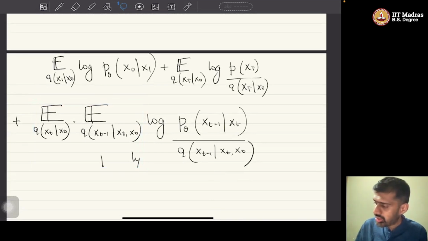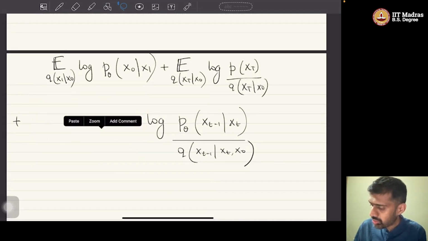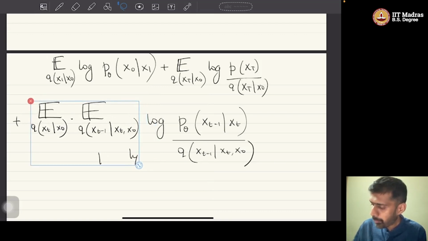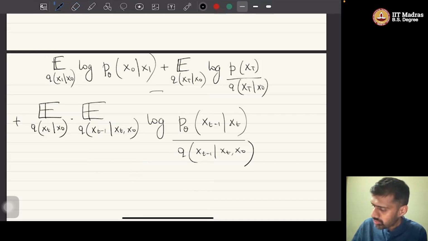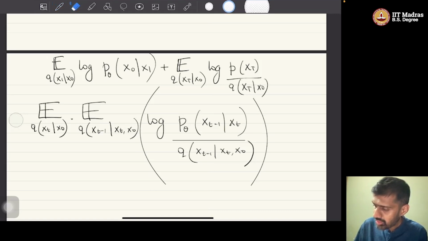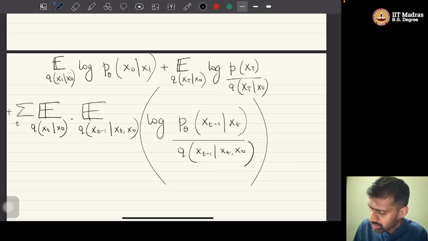And there's also a sum. We have a sum term here, and this has to be summed over t equal to 2 to capital T. Okay, this is what it is.